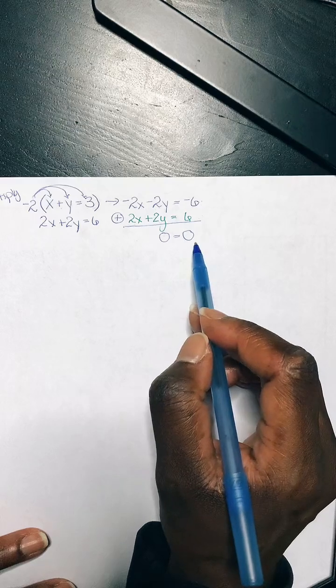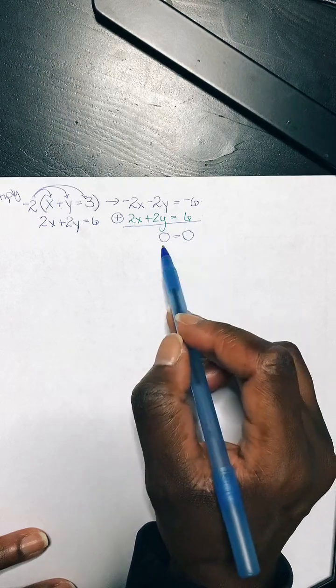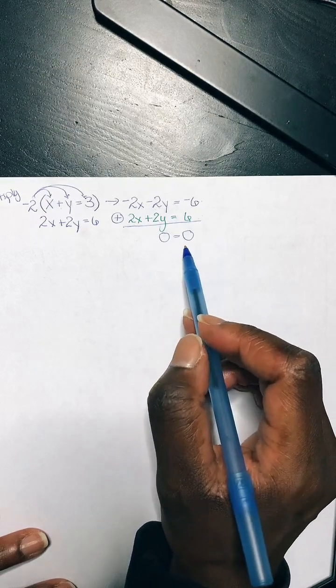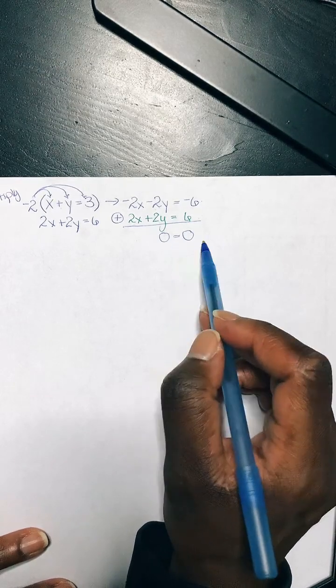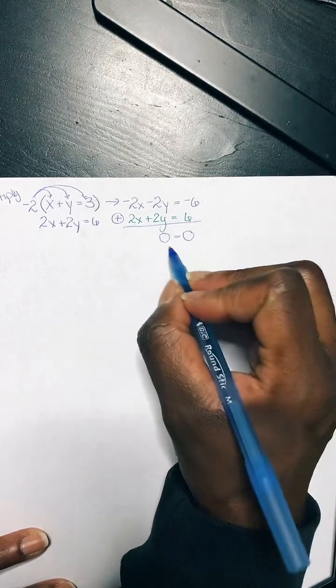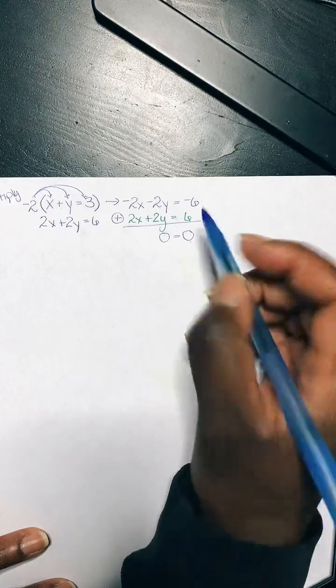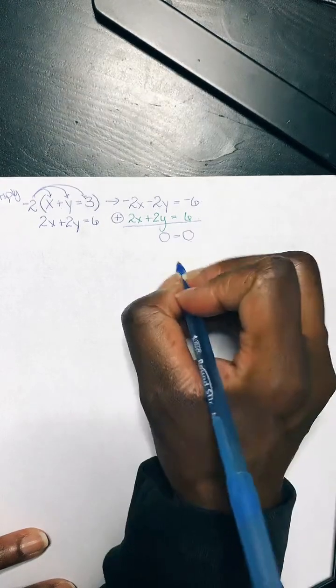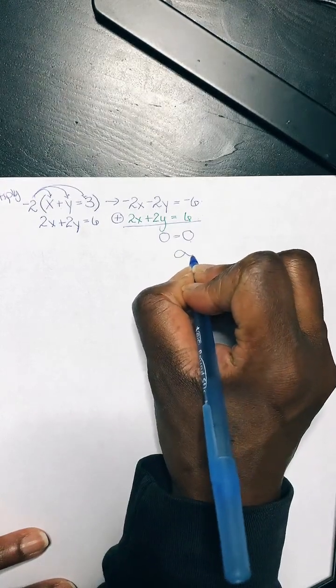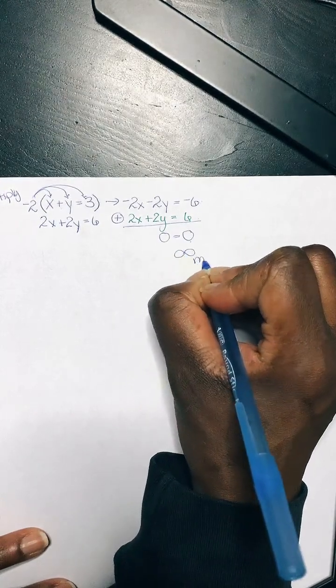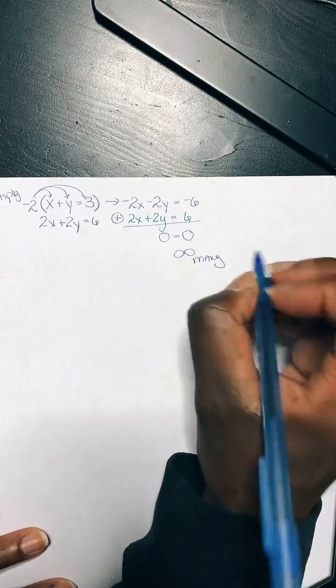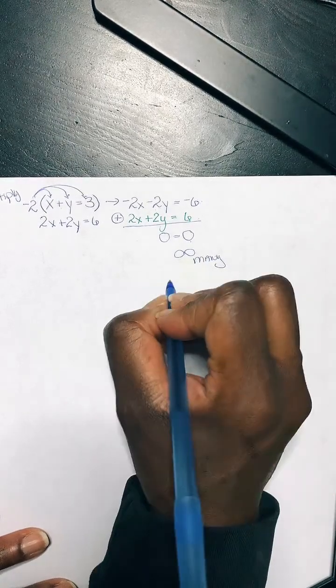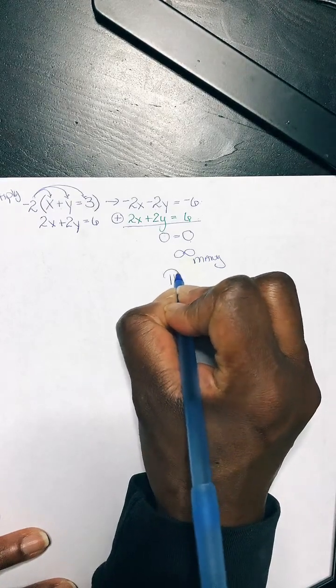So when 0 equals 0, that's basically saying that these two lines are exactly the same. So you have what's called infinitely many solutions. Infinitely many. Or if you want to say it, double R.